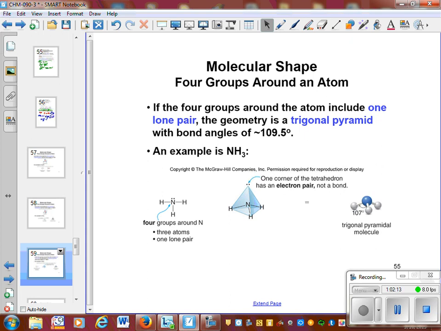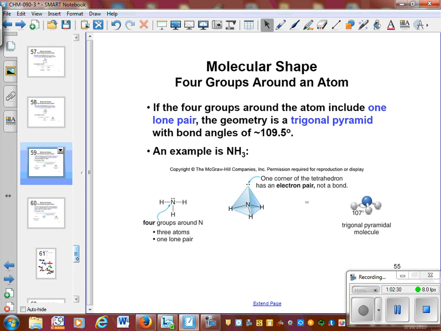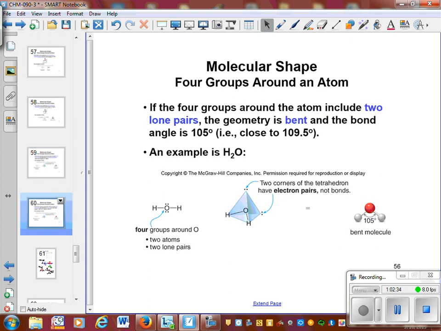We can't see lone pairs of electrons. And water, again, has 4 groups, 1, 2, 3, 4. 2 of them are lone pairs, so it is a tetrahedral arrangement, but we don't see the 2 lone pairs, so water is bent. You can't straighten it. That's the way it exists in nature.